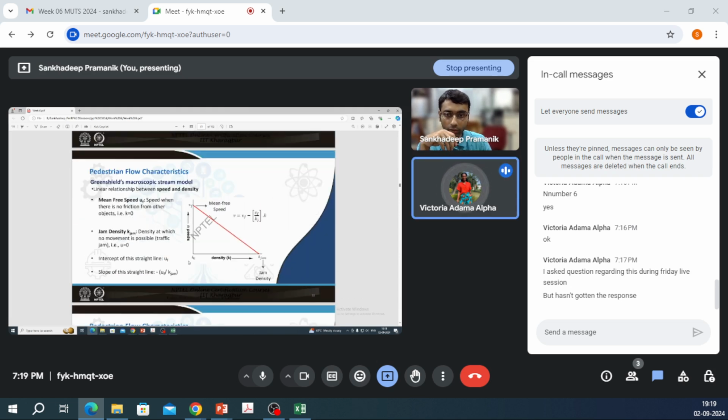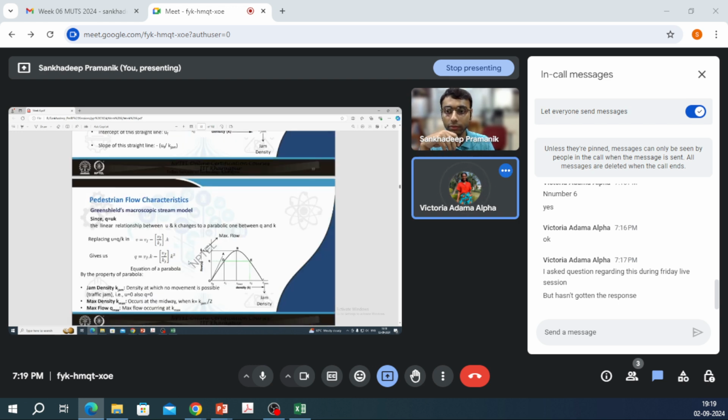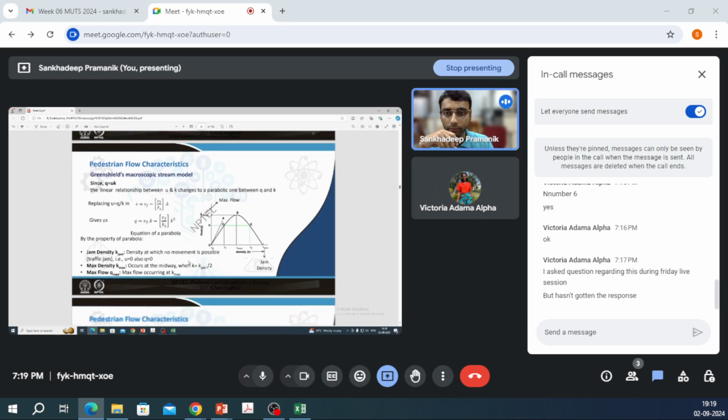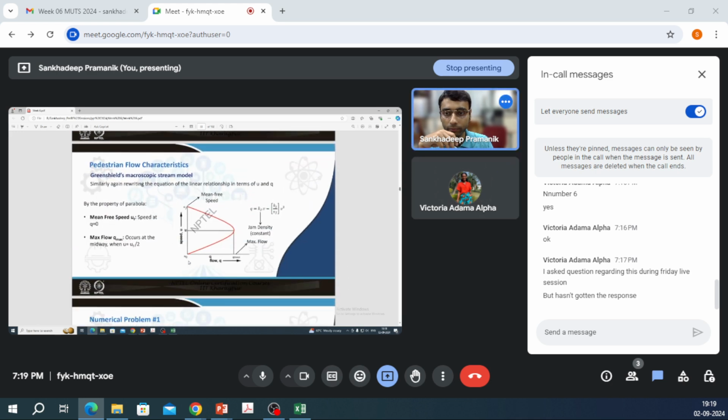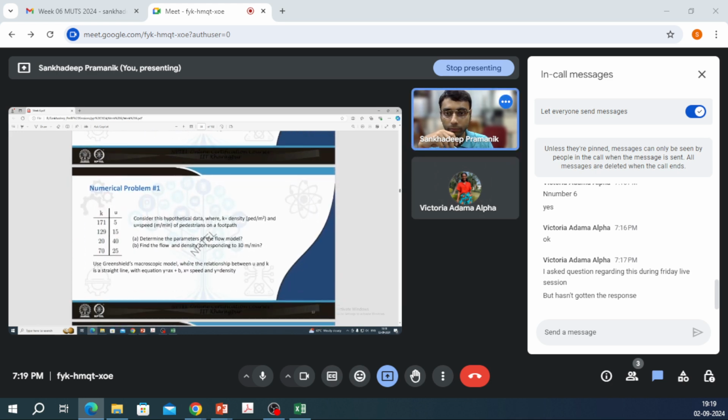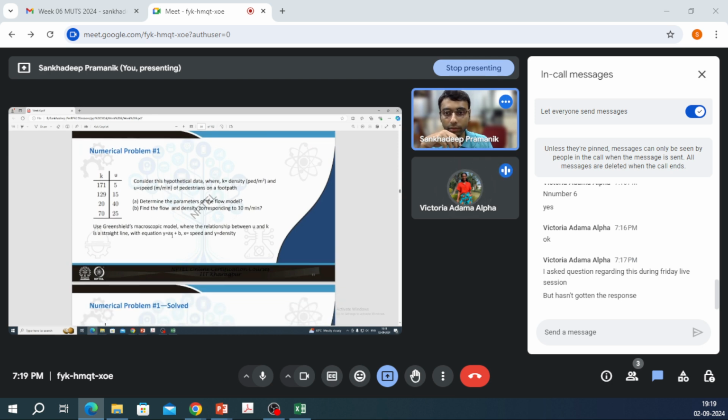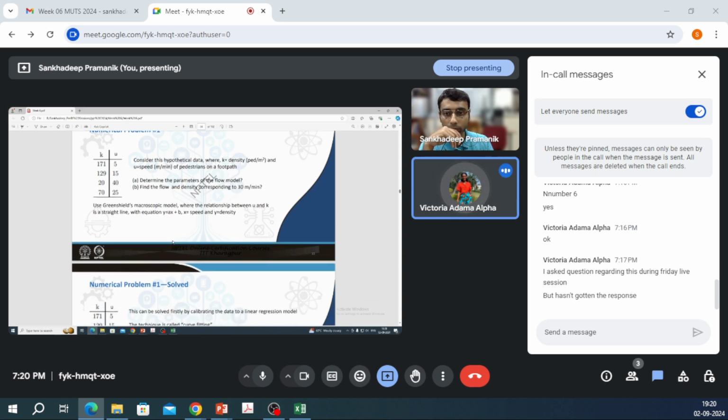Yes, this one. Yes, sir. So for this, we were told that Y is equal to AX plus B, and X is the speed and Y equal density.